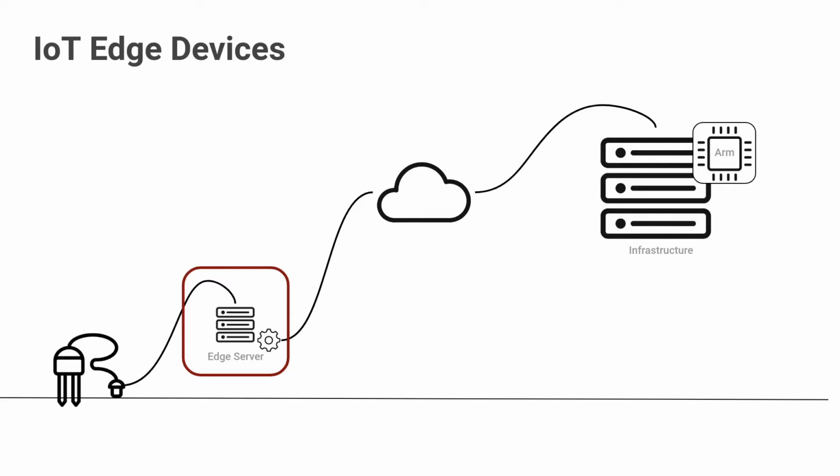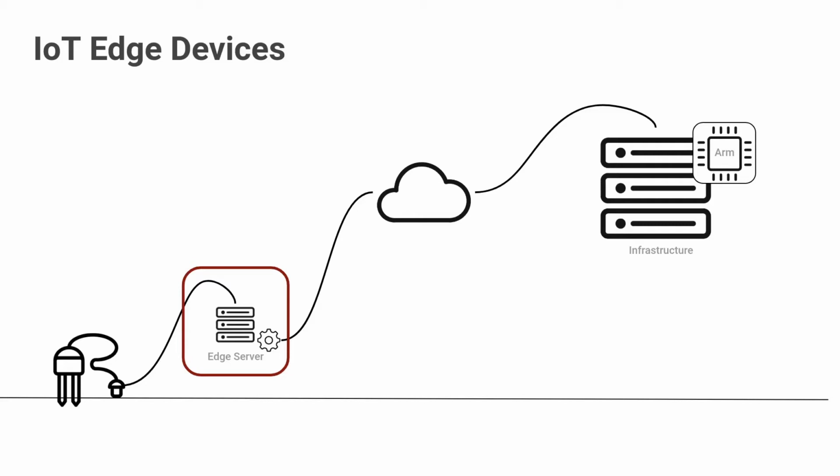At the end of the day, these edge servers are basically preprocessors. They're taking information from the moisture sensor and processing it, maybe doing some kind of even AI on the data, and then sending data up to the final infrastructure that's capturing it.